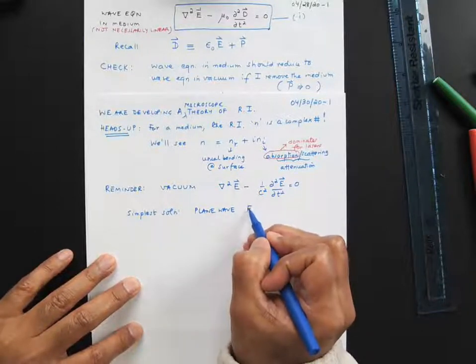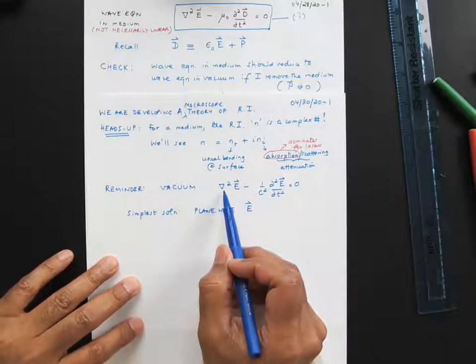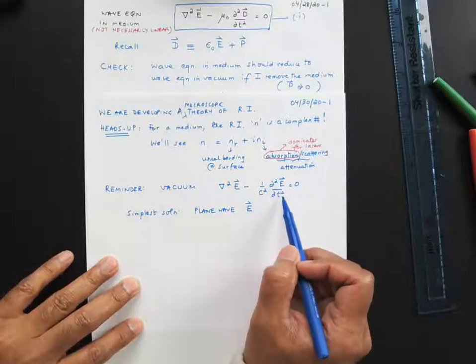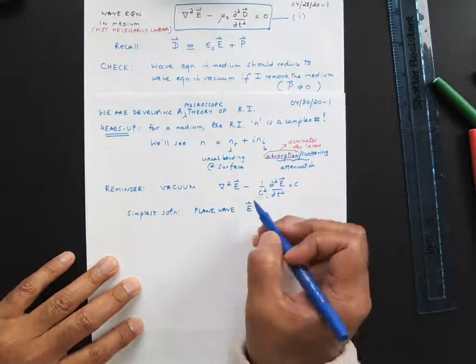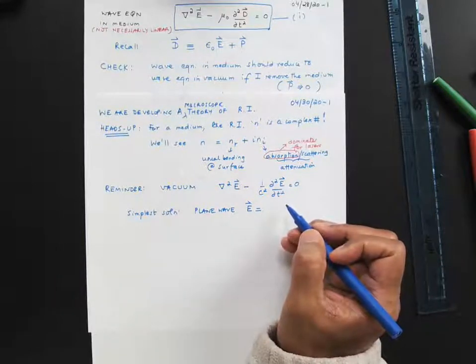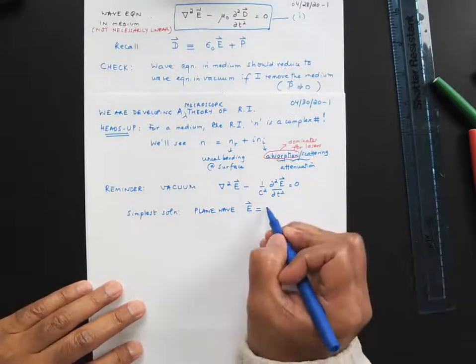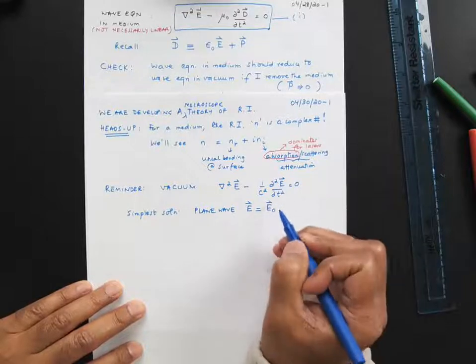And what is that solution? The electric field: a double derivative in space must equal 1 over c squared times a double derivative in time. What kind of function is that? It turns out it is the plane wave. There's an amplitude, and a vector sign that's just the polarization.